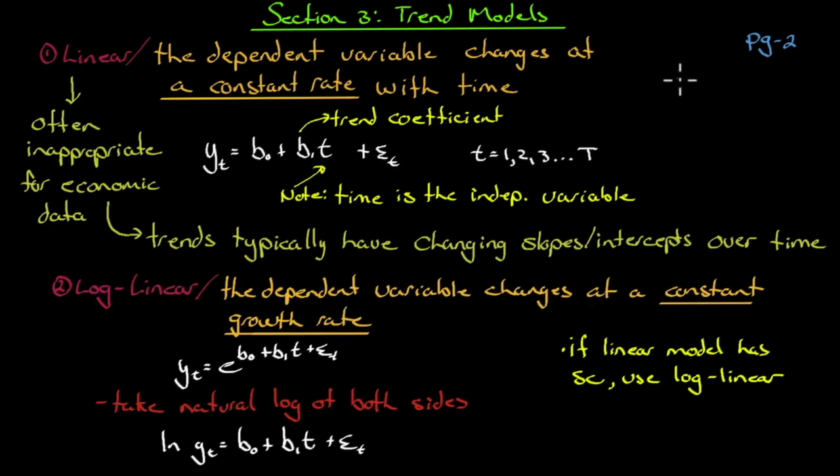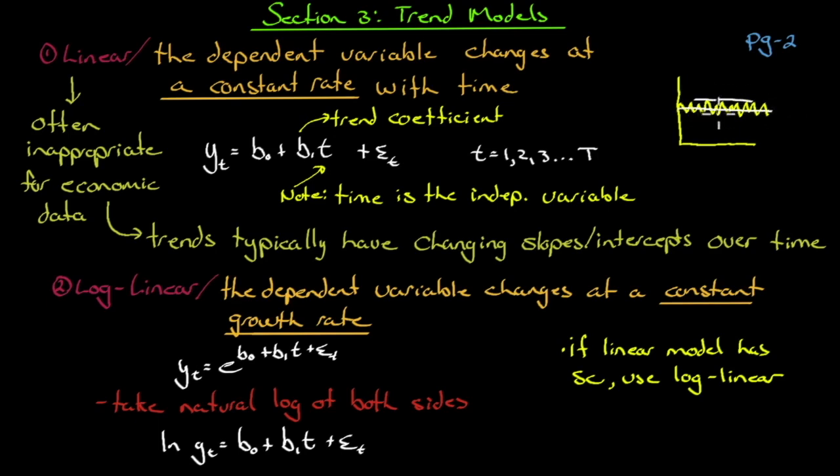So something like, let's say, the quarter-over-quarter percentage change in inflation might tend to look like this over time. Well, a linear model may be okay for that, simply because we have a constant mean and a constant variance.